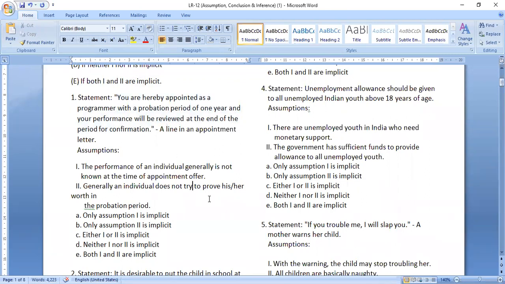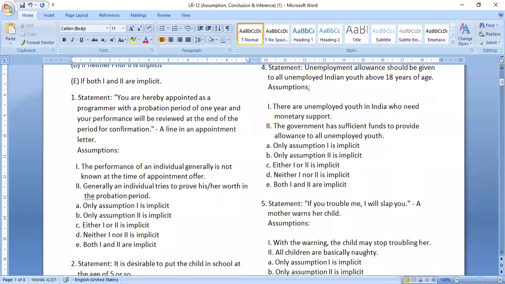Just take a fictitious scenario where people deliberately try not to perform well during the probation, and there's no point of having a probation period.